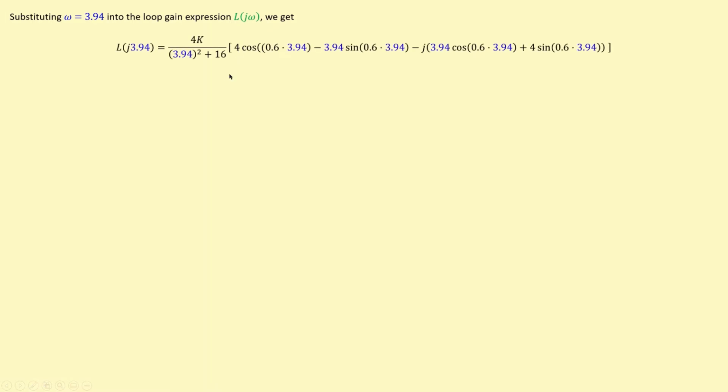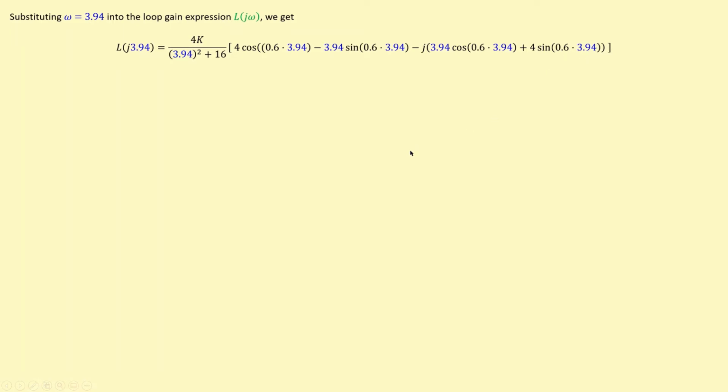We will now substitute this value of 3.94 into the loop gain expression, L of j omega, which we determined previously. If I substitute this in the expression, I have the following. Just follow what I have in blue, which is substituted in the expression of the loop gain.